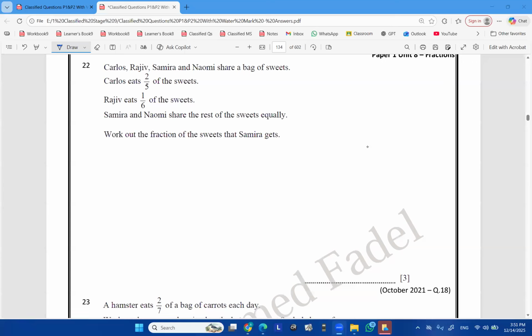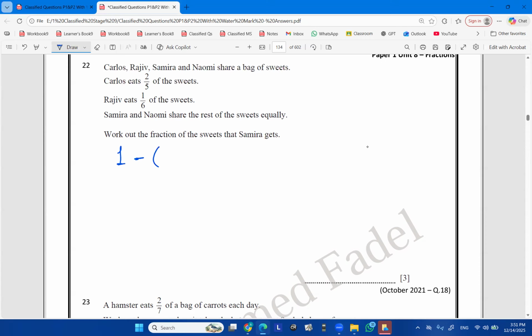Carlos, Rajiv, Samira, and Naomi share a bag of sweets. Carlos eats 2/5 of the sweets. Rajiv eats 1/6 of the sweets. Samira and Naomi share the rest of the sweets equally. Work out the fraction of the sweets that Samira gets. Okay, let's agree on one thing. The whole bag of sweets is one whole.